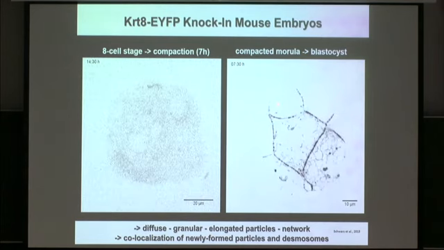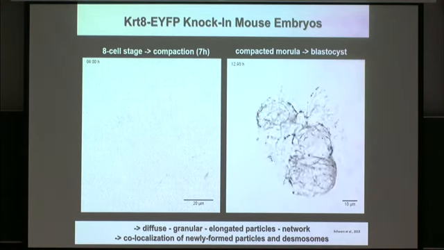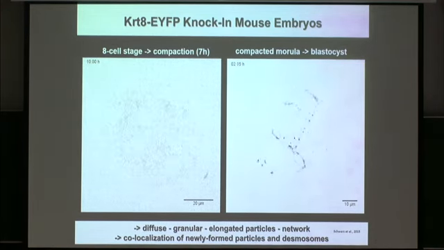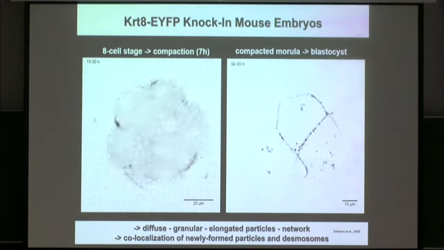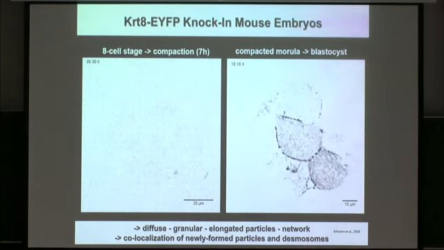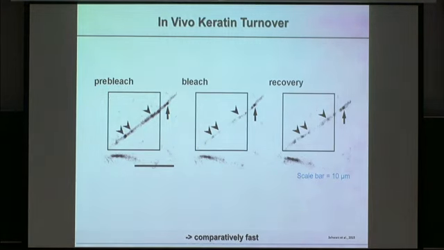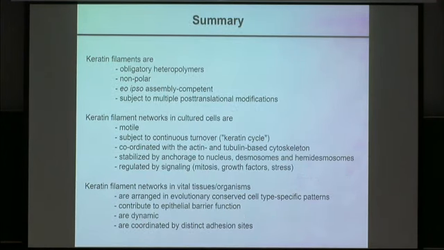And what is sort of almost a surprise, but quite gratifying to us, is that these punctate particles here correspond to the adhesion sites that are specific for the keratin intermediate filaments that are referred to as desmosomes. And finally, these punctae are also dynamic and not static, like we see it in cultured cells.